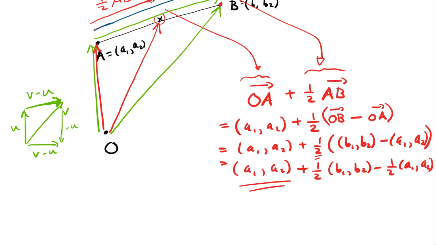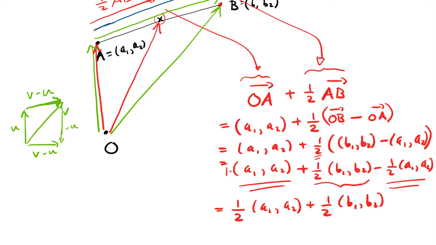Now you'll notice that this and this are very similar, right? This is 1 times the vector a1, a2, minus 1/2 times the vector a1, a2. So that's 1 minus 1/2. That's 1/2 times the vector a1, a2. It's 1 times the vector minus 1/2 times the vector. We get 1/2 times the vector plus 1/2 times the vector b1, b2, because this is this part.